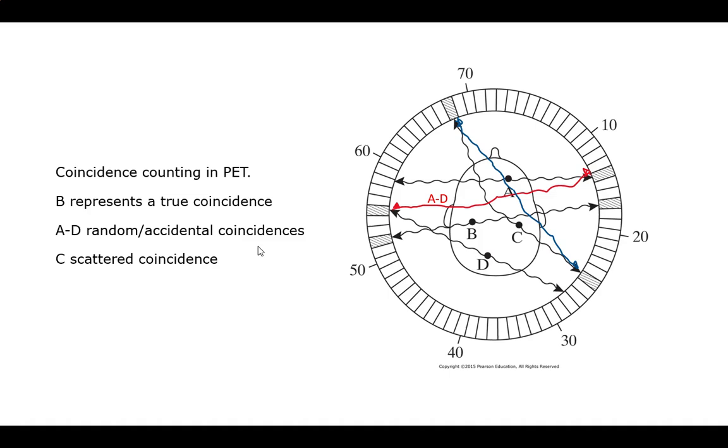C, you can see something got Compton scattered, but just slightly, and it was on the longer leg of it. So it still ended up in an acceptable window. Effectively, it thinks it's going on this blue line, but it did have that little bit of a scatter to it. So that's a scattered coincidence.